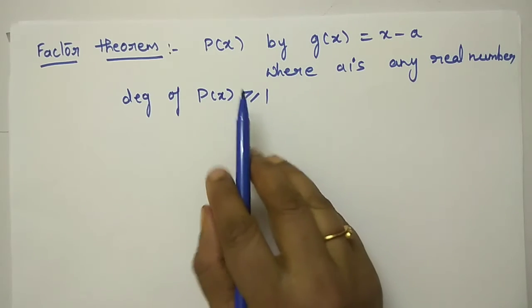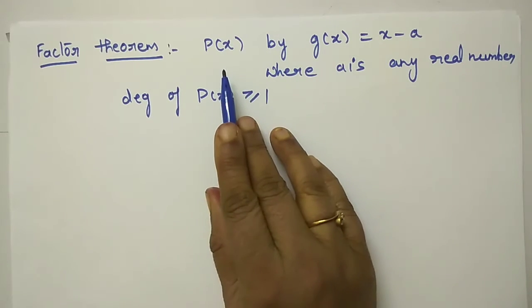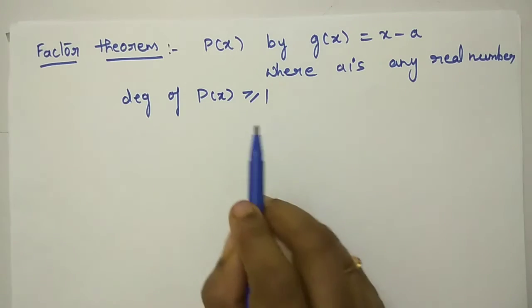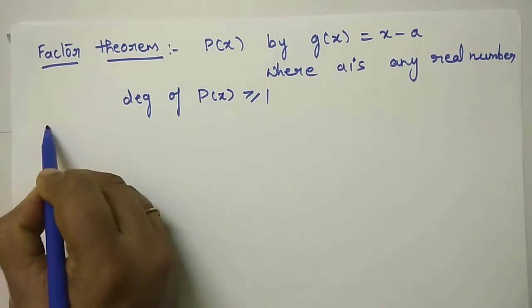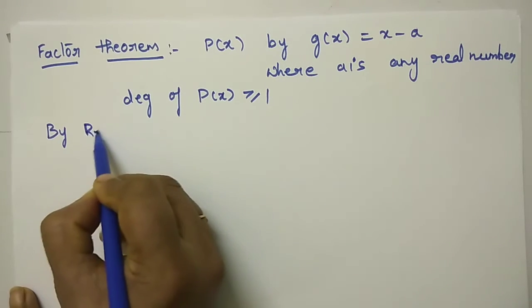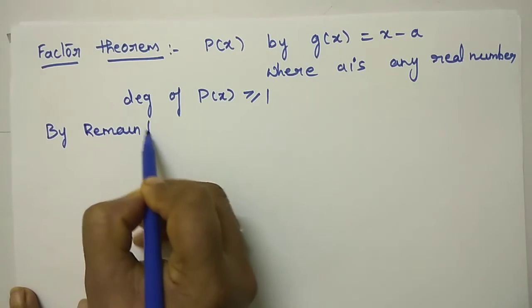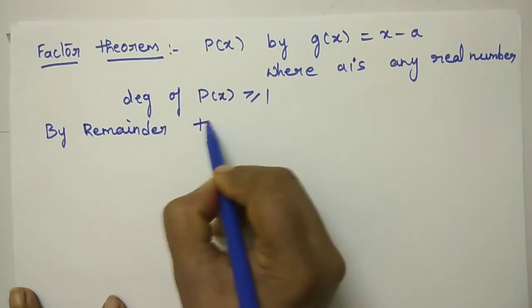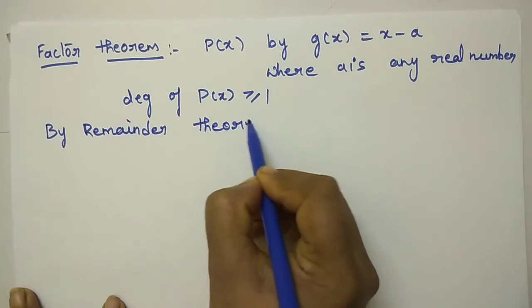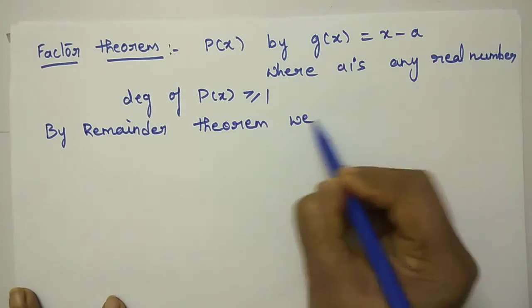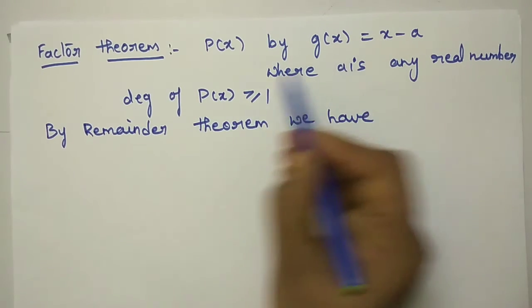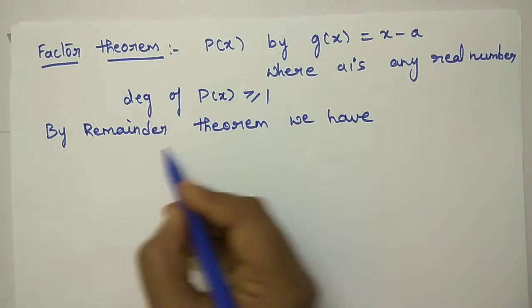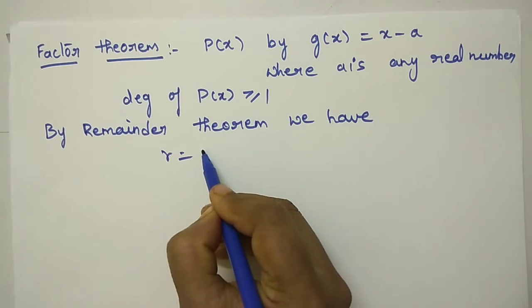So, when we divide a polynomial P of x, we have the remainder theorem in our hand to find the remainder, is it not? By the remainder theorem, if g of x divides P of x, then the remainder will be P of a.